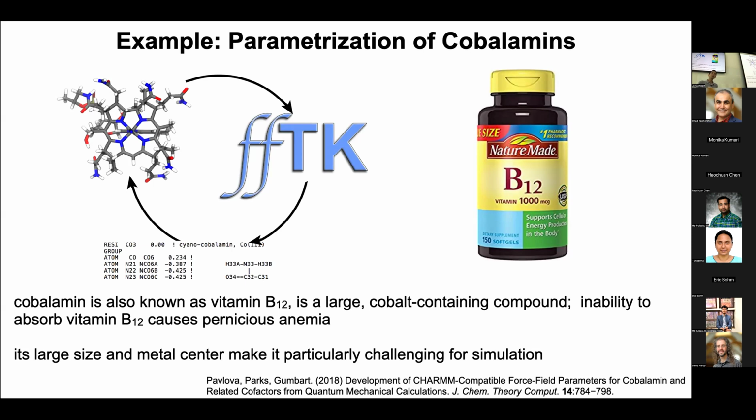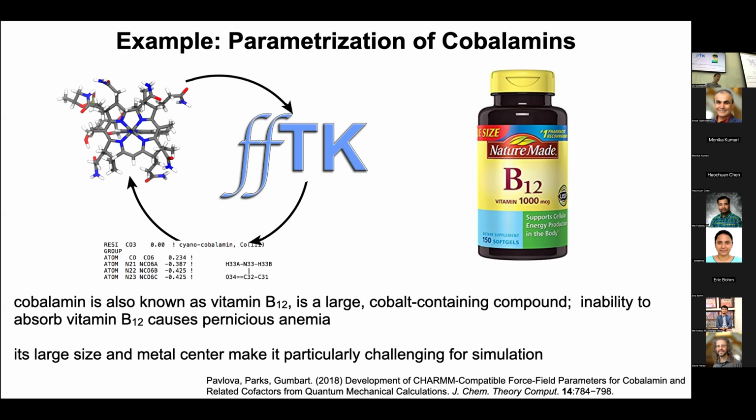This is vitamin B12. So it's something that we have to get from our diet, or in some cases, if you have pernicious anemia, maybe have to supplement to get enough B12. Cobalamin is a very complicated molecule with a metal center, a cobalt, in fact.